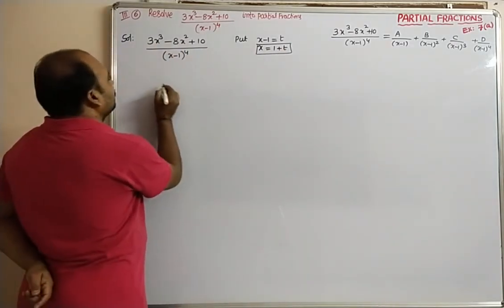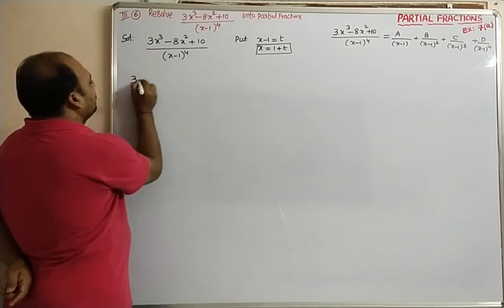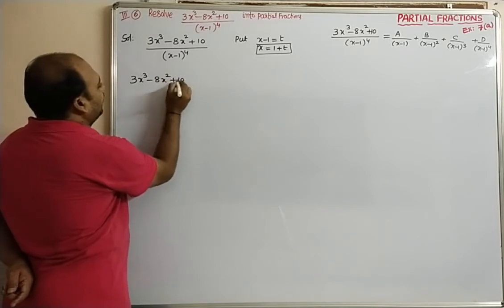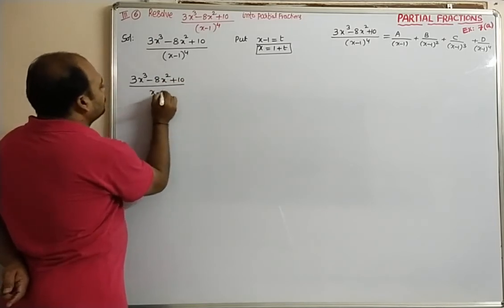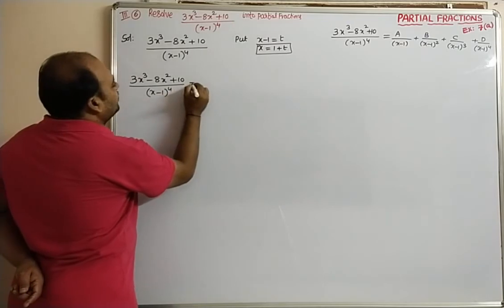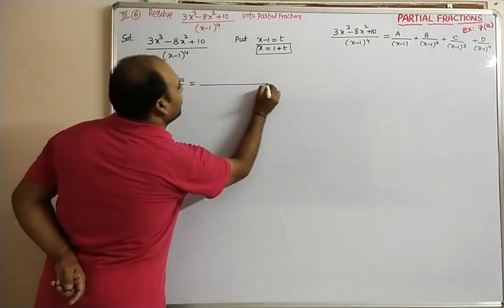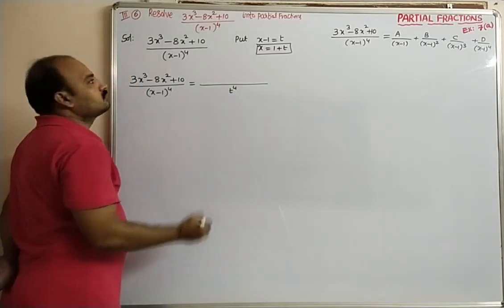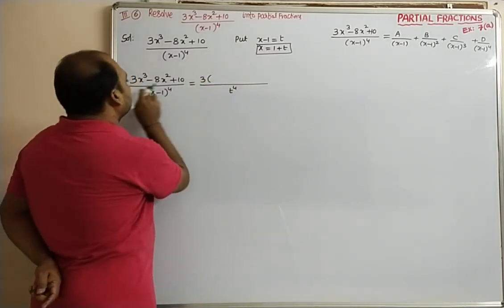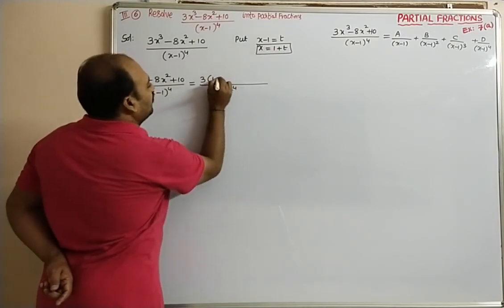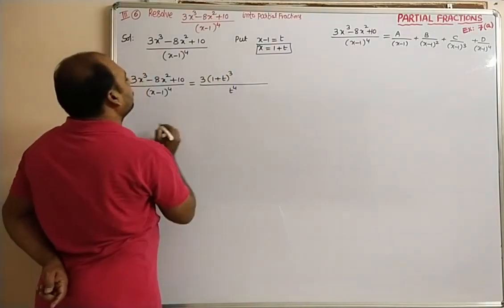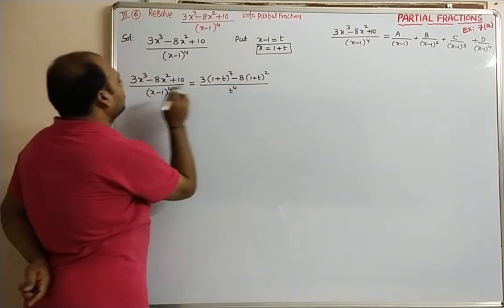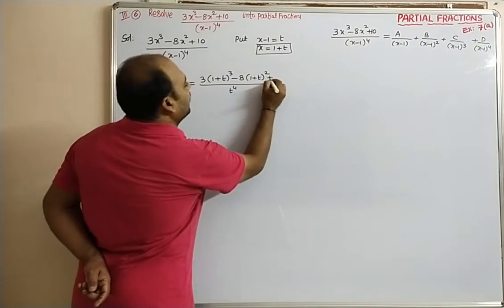So 3x cube minus 8x square plus 10 divided by x minus 1 whole power 4 is equal to, the denominator becomes t power 4, and the numerator is 3 into 1 plus t whole cube minus 8 into 1 plus t whole square plus 10.